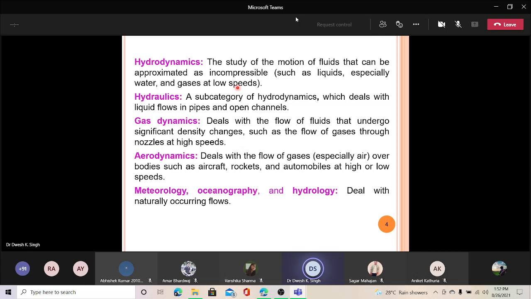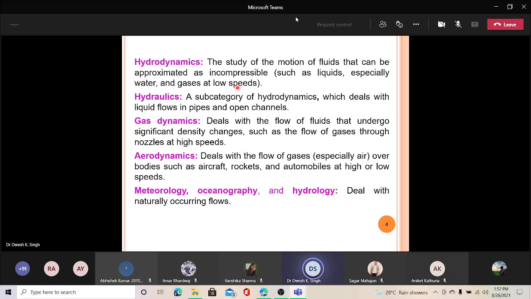Along with this you will find meteorology, oceanography, and hydrology, which deal with naturally occurring flows. These are also fluids, so they are also covered, but the last three, gas dynamics, aerodynamics, meteorology, and oceanography, are not within the scope of our fluid mechanics.